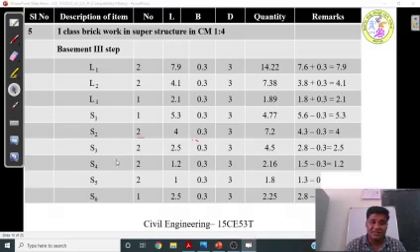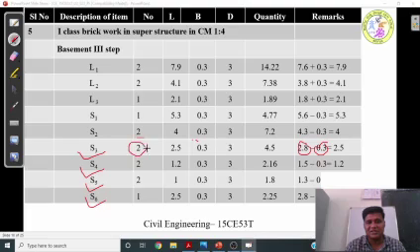In the same manner, all the remaining walls, that is S3, S4, S5 and S6, will be calculated. That is, the wall width will be deducted from the center line length of the corresponding walls and the numbers will be written in this column.